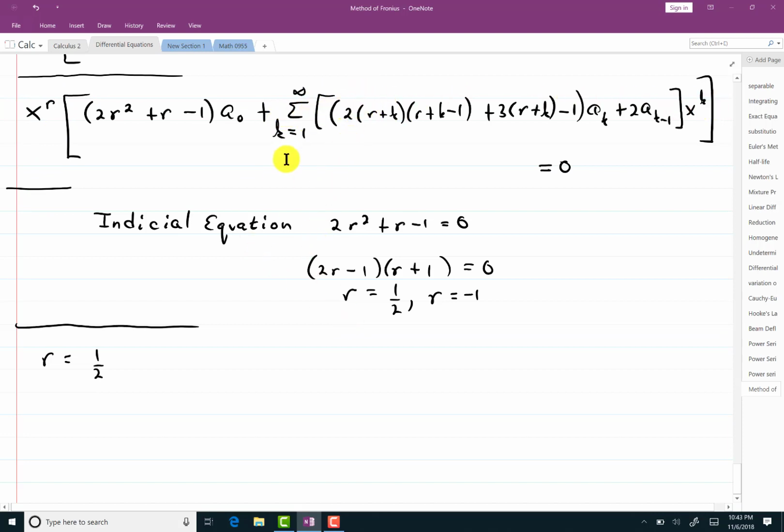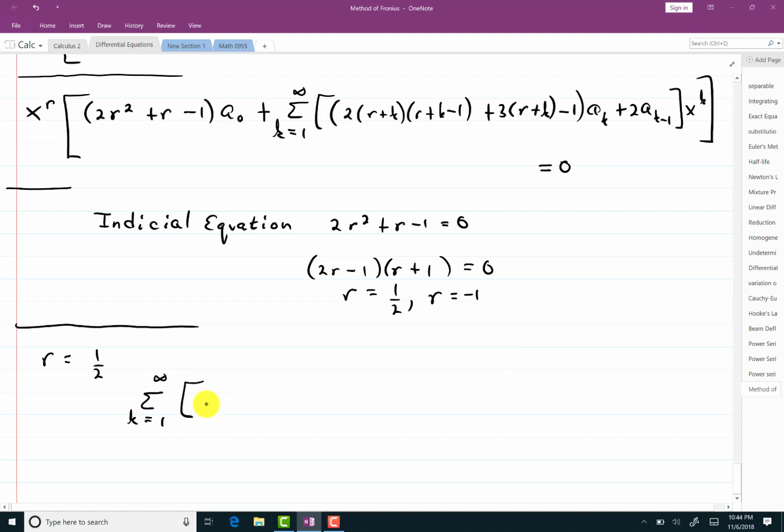So the series in question, I've already dealt with this. When r is 1/2, this leading initial term will zero out. So we're good there. Let's just deal with this series right here. And we have the sum k equals 1 to infinity. At each stage, I'm going to replace r with 1/2.